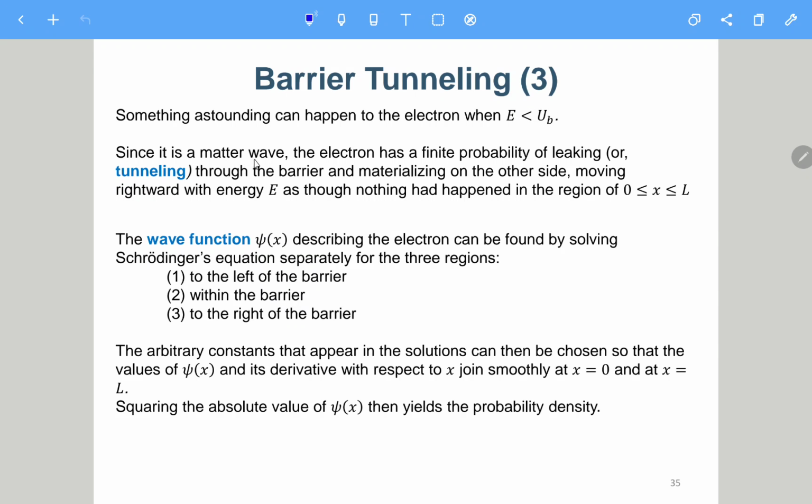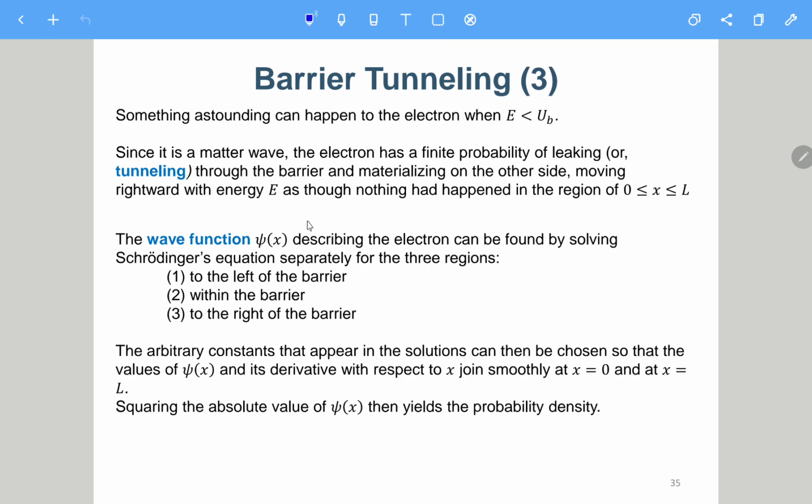Since it is a matter wave, the electron has a finite probability of leaking, 就是漏掉的一个几率, or tunneling, 串过的那个几率, through the barrier and materializing on the other side. 它就是穿过那个位能的墙穿墙串到对面去。So moving rightwards with energy E as though nothing had happened in the region. Pretend nothing had happened. Okay.